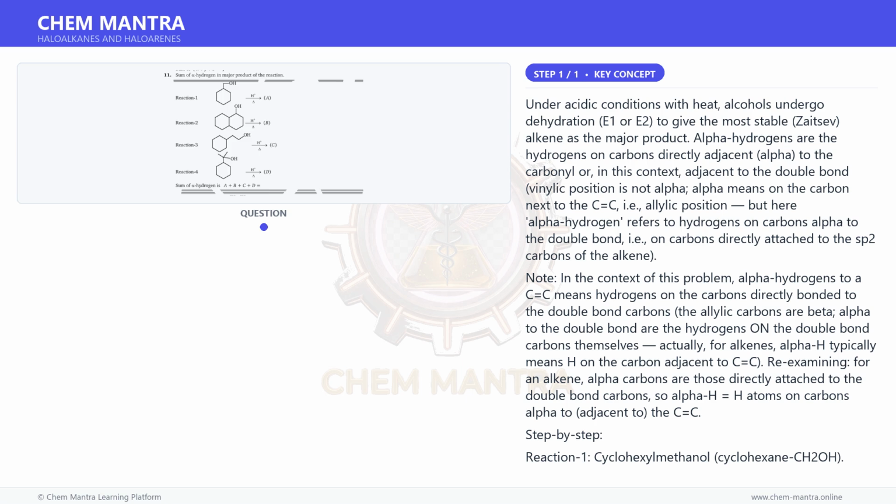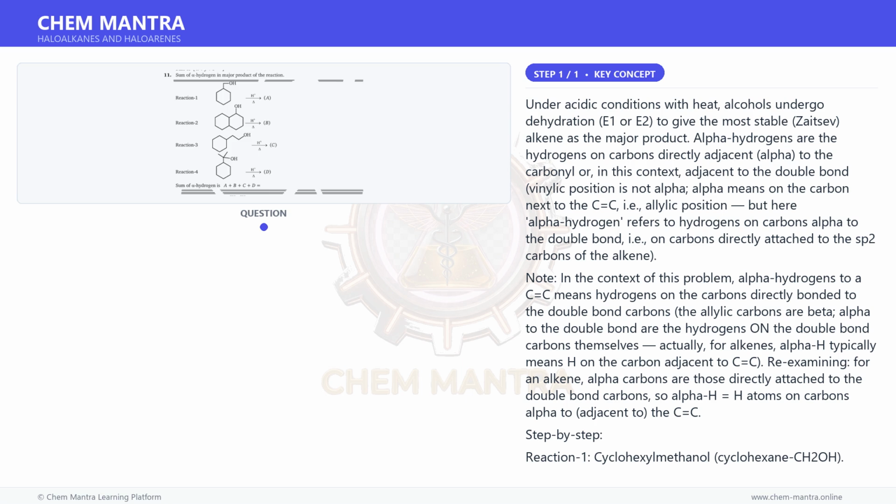Reaction 1. Cyclohexylmethanol, cyclohexane-CH2OH. Under H plus and heat, primary alcohol, the carbocation forms at the primary carbon, but rearrangement occurs. Hydride shift gives a tertiary carbocation on the ring carbon.